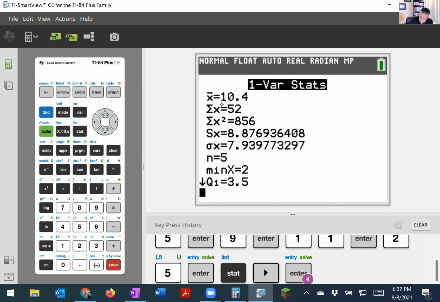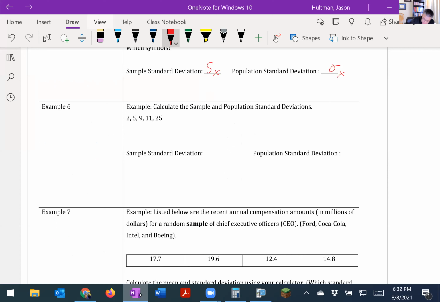And sigma sub x, which is the population standard deviation, is 7.94. So S sub x was 8.88 and sigma sub x was 7.94.